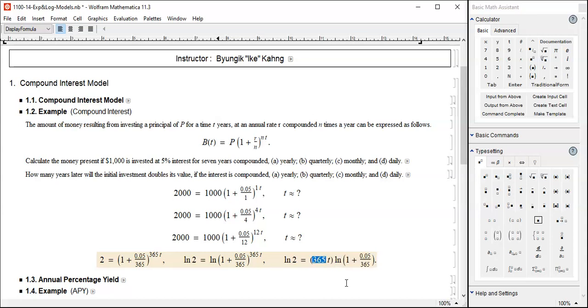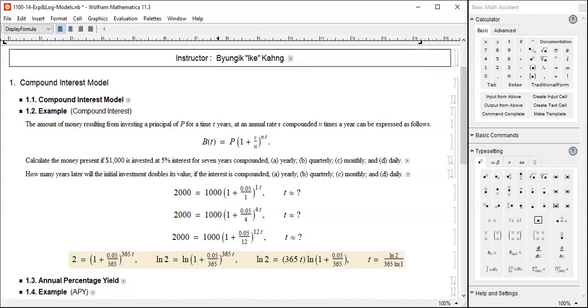365, that 2 is just a number. I can always flip it over to the other side by dividing it away. And I have only one t here, so I'm in business. Just divide everything out. So t is log of 2, which was there before, divided by the coefficient I had here, 365, and then log of 1 plus 0.05 over 365.